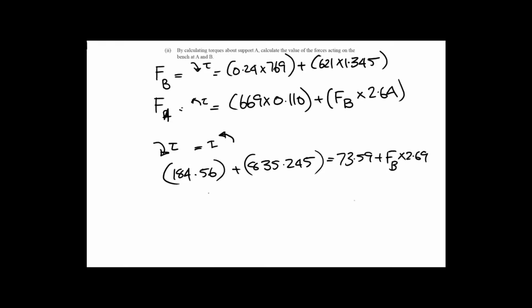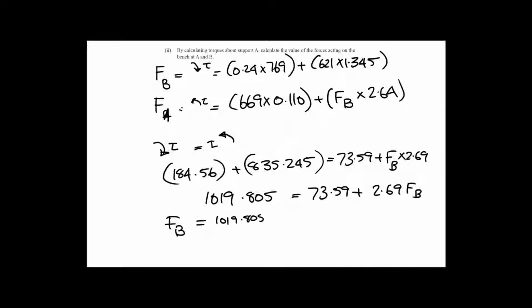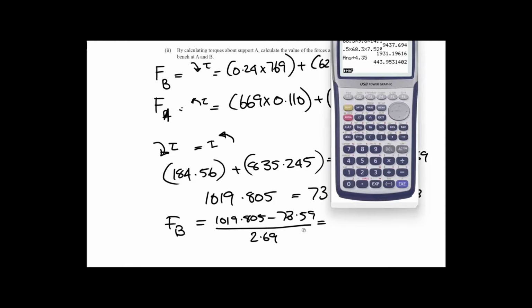When we add these together, I'm not going to use the calculator because it's tiresome. This is one exception where I did the numbers beforehand. Plus 2.69 FB. So force in B is going to be 1019.805 minus 73.59 torques, divided by 2.69, and that's going to give us FB.